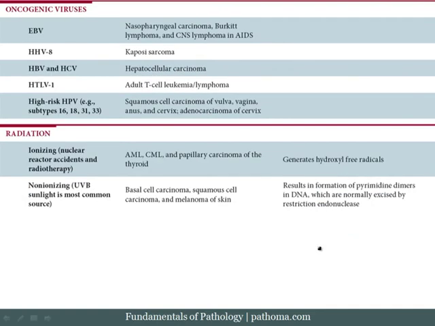Now, the second category of carcinogenic agents are oncogenic viruses, and each of these are super high yield because they're related to microbiology and because they can tie into the molecular biology of cancer as well. So let's walk through them one by one. First of all, EBV. EBV is associated with nasopharyngeal carcinoma.